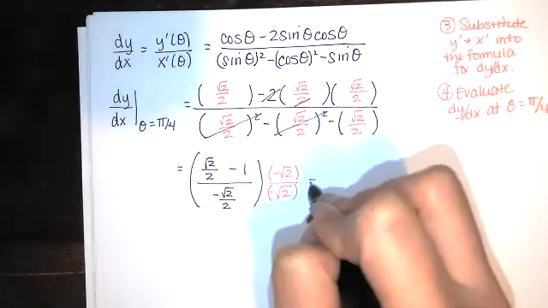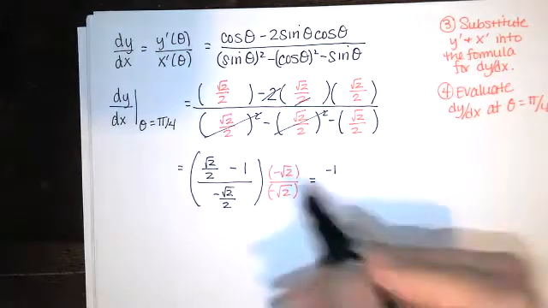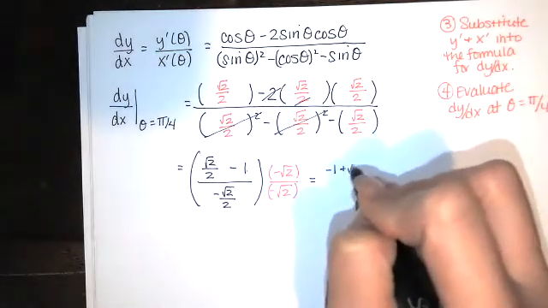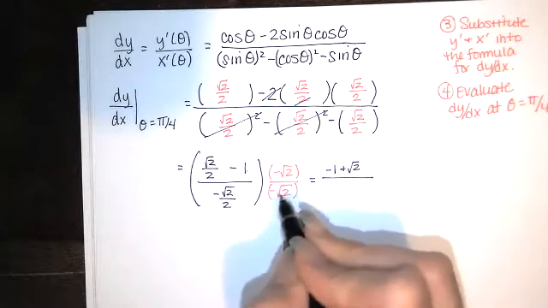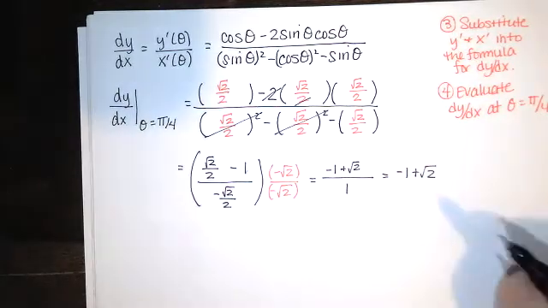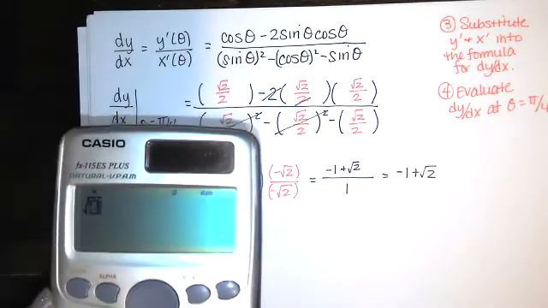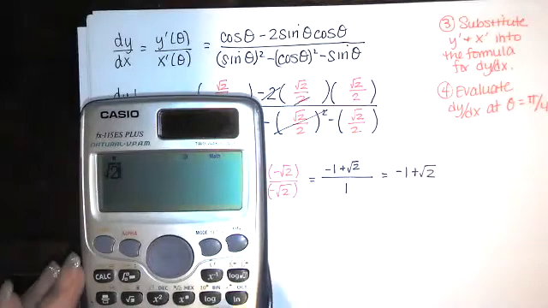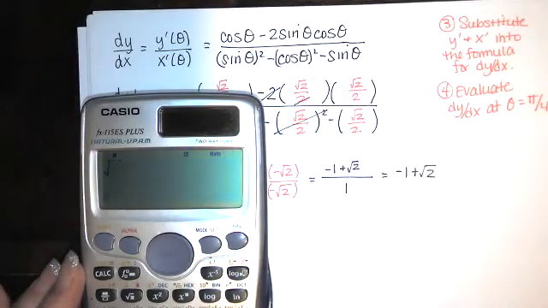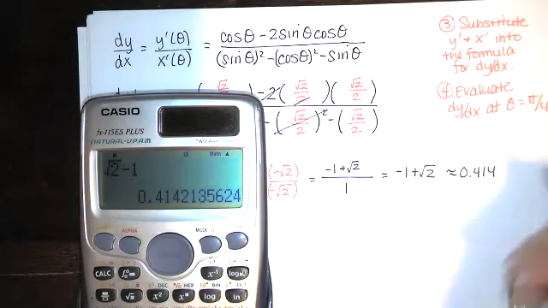When I distribute, this times this is going to give me a negative 1, and this times that gives me a positive root 2. Down here, this gives me the 1 that I wanted, and I see that my slope is that number. So square root of 2 minus 1, and that's about 0.414.